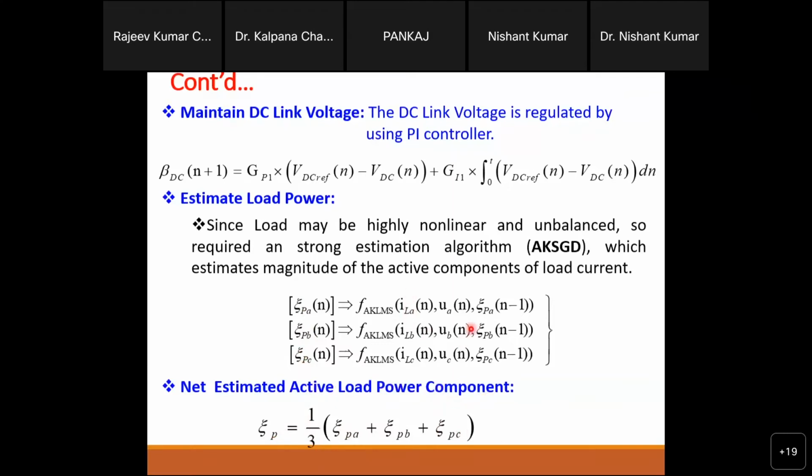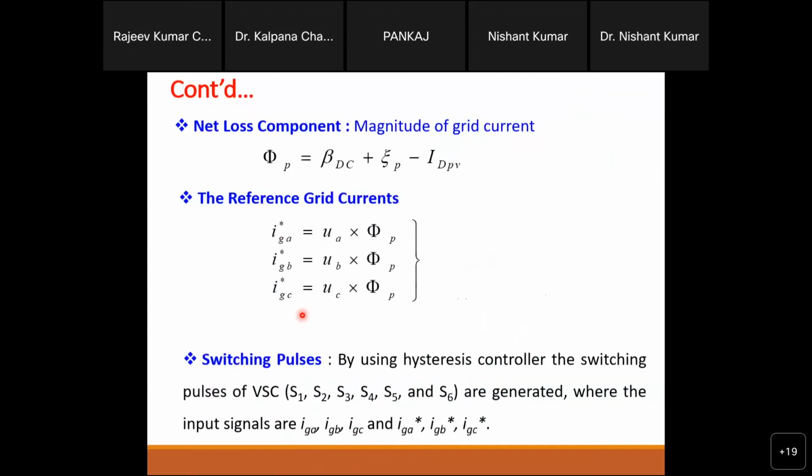What is the meaning of this? This component will go into the block diagram I showed, right? So you give it into that, and this is the output of that directly. After that, once you have all those components, you can calculate this one. This is the grid current. But if you focus on the initial side, as I told, this is the PV power representative, or you can say the PV power current, right?